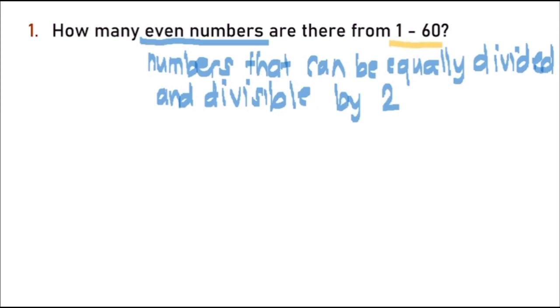So in our problem, na-state dito na hinahanap natin yung number of even numbers from 1 to 60. So our formula would be n, which is the number or the count ng mga even numbers, equals to highest number over 2.